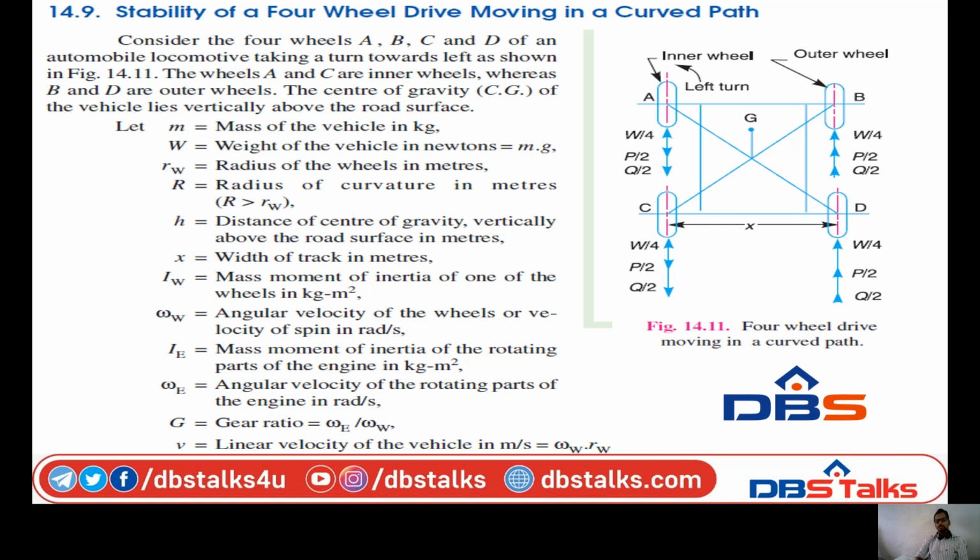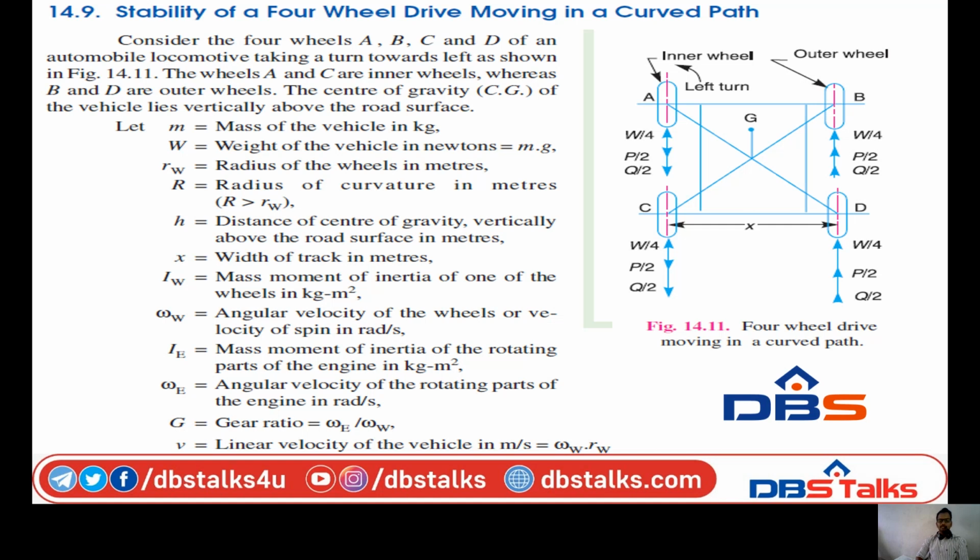The gyroscopic couple due to the four wheels is CW = 4 I ω ωp. As we know, the gyroscopic couple formula is C = I ω ωp. But here we are distributing the entire load on the four wheels equally.